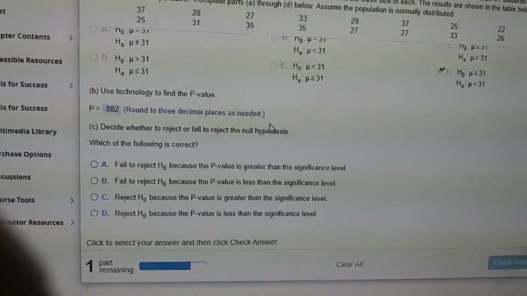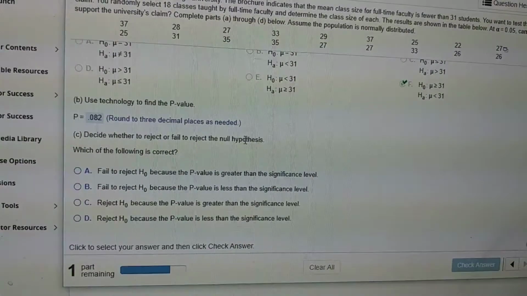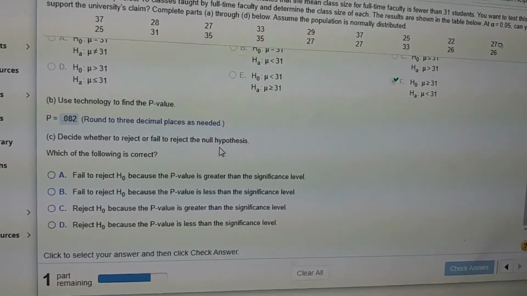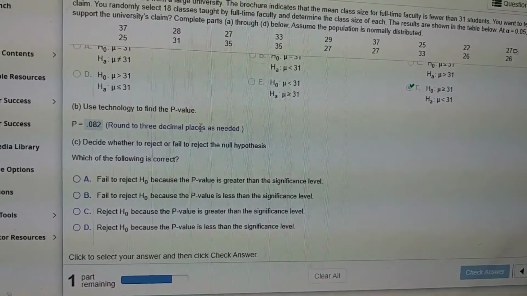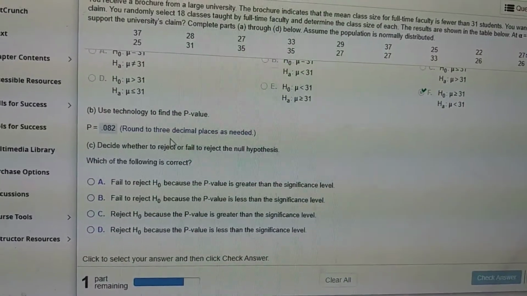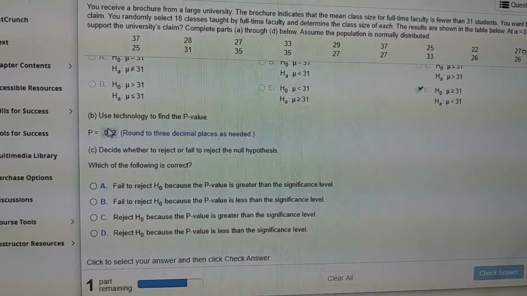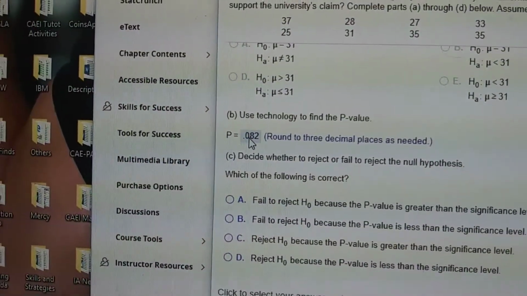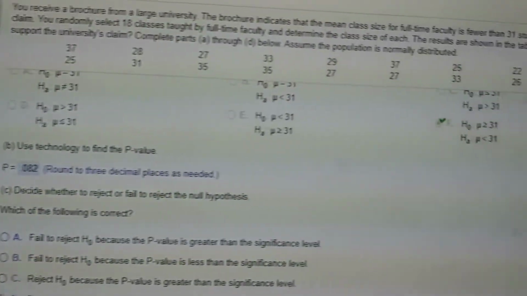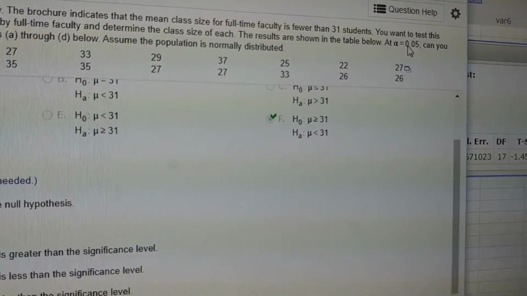Next is our decision. Remember, for us to be able to reject the null hypothesis, our alpha must be greater than our p-value, or the p-value must be less than alpha. Here, clearly, our p-value is 0.082. Our alpha is 0.05.